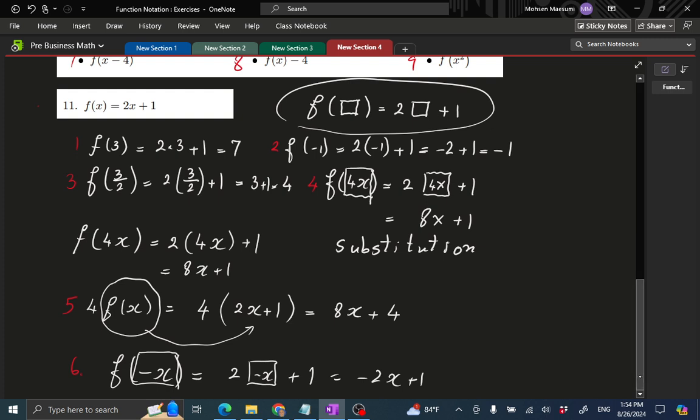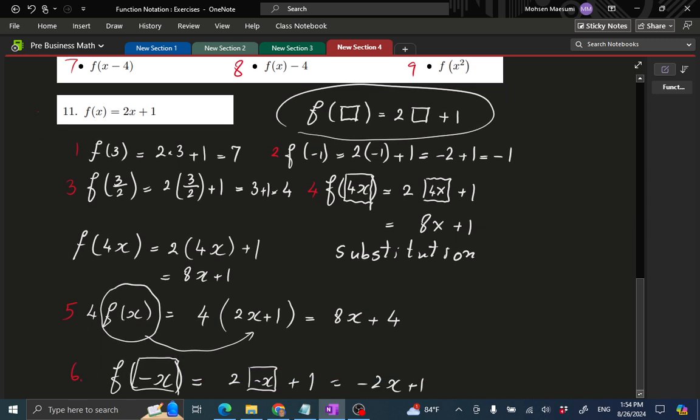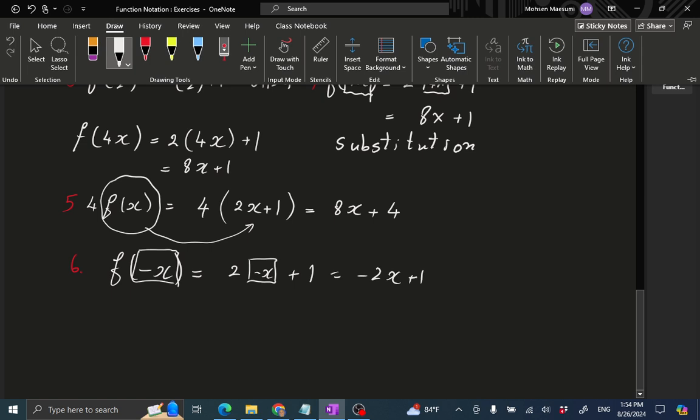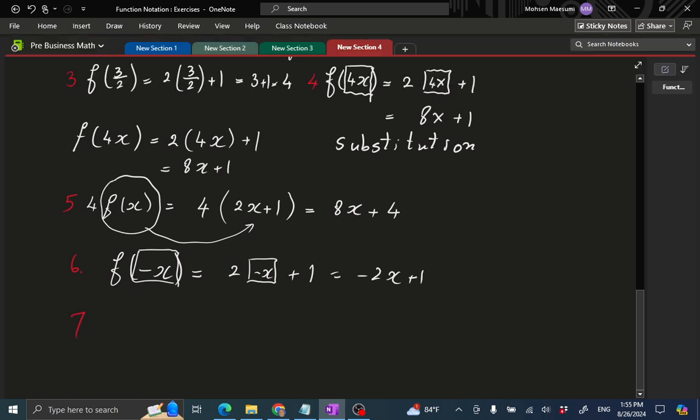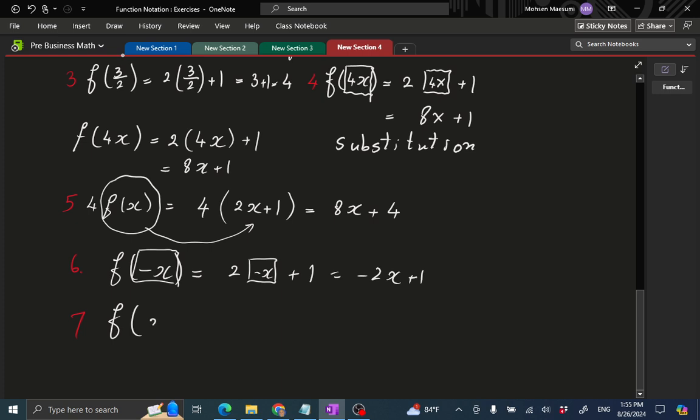And then problem 7. f of x minus 4. Again, the challenge here is what happens first, and to get around the confusion, put the input in a box.